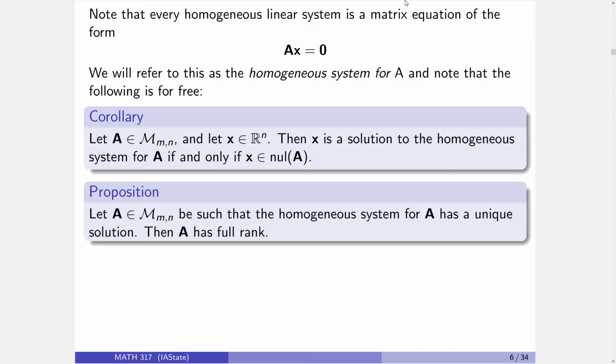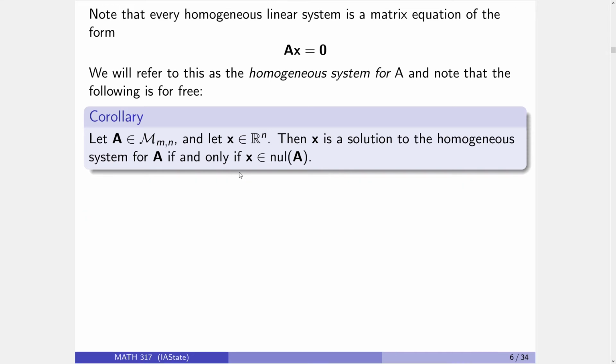So what we want to prove is that unique solutions ensure that you must have full rank. What we'll first do is tackle the case of the homogeneous systems. If you've got a matrix and its homogeneous system has a unique solution, then the rank must be full. In other words, the rank is the number of columns.